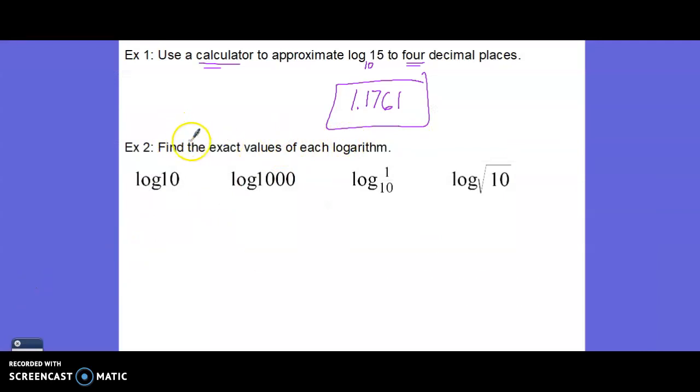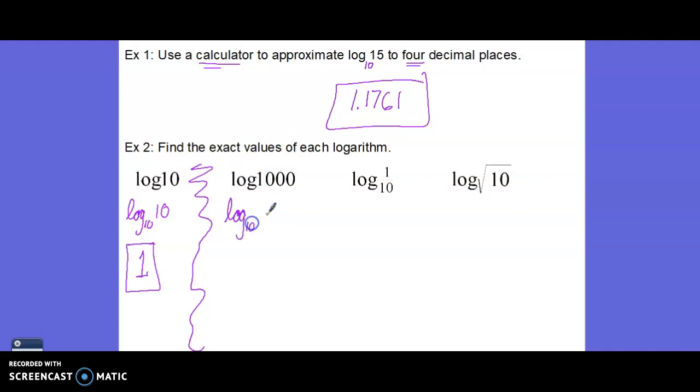As we look at the next one, find the exact value of each log. Well, remember the implied base is 10, if it's log base 10. So 10 to what power would give me 10? And that answer is 1. Now, just for the record, I will never take away your calculator when I ask you to do these problems. So you could use a calculator and I would not be any wiser.